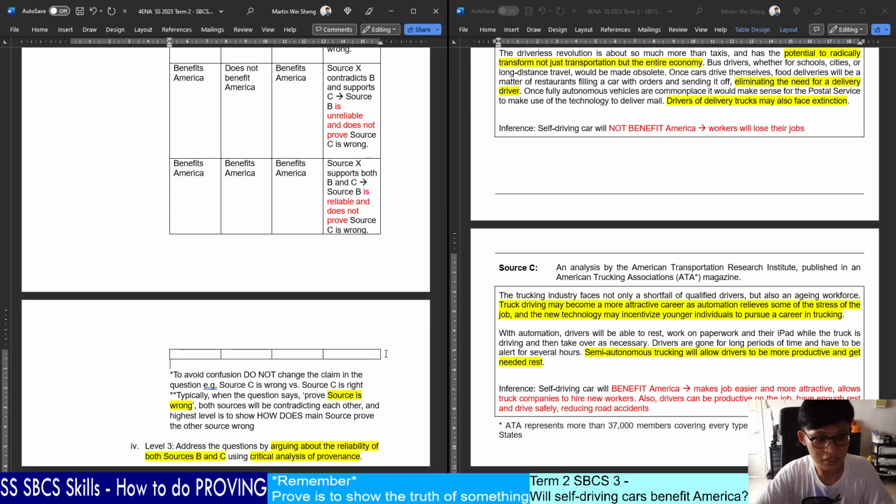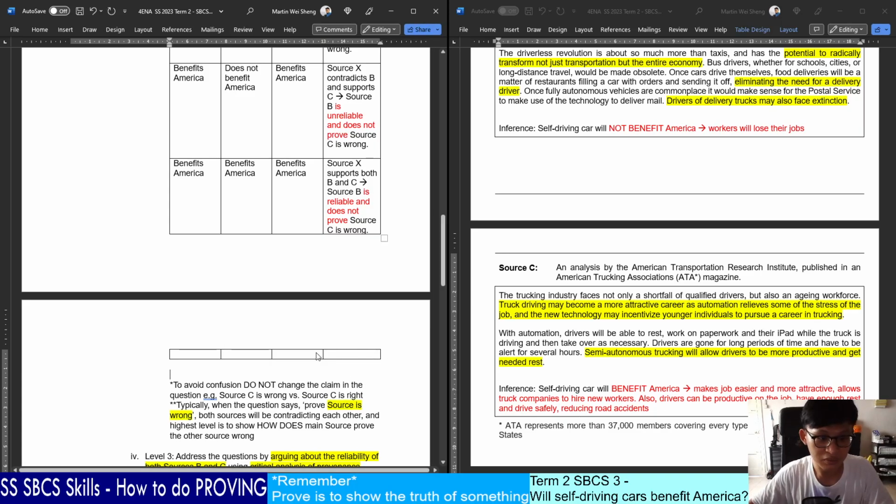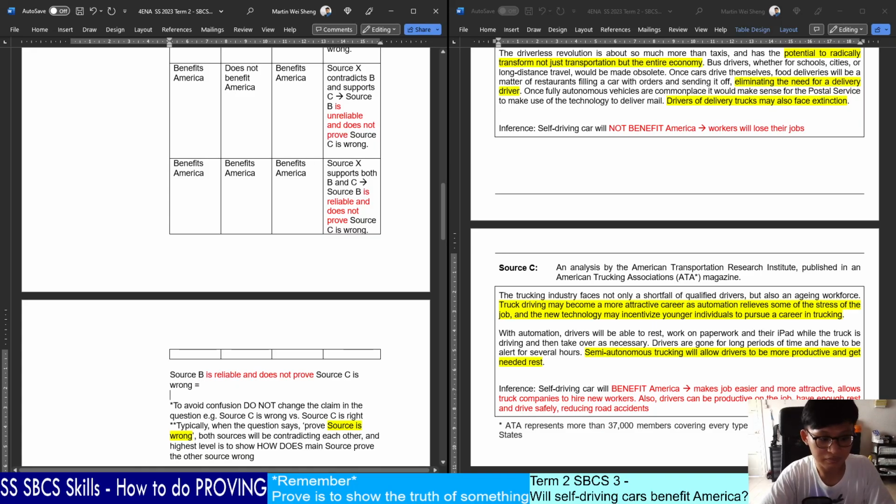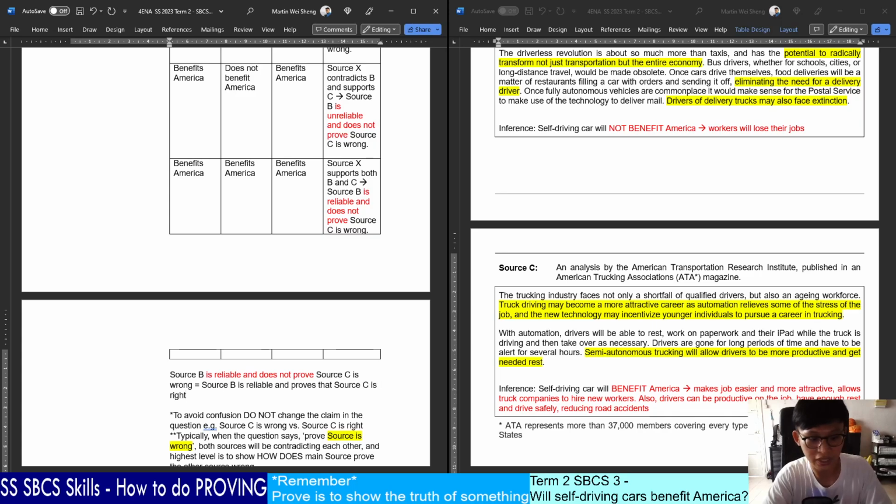In this last example, source B is reliable and does not prove that source C is wrong. This statement is the same as source B is reliable and proves that source C is right.